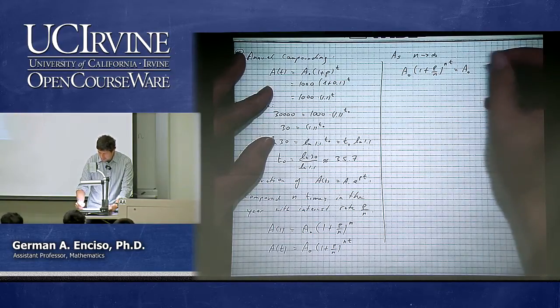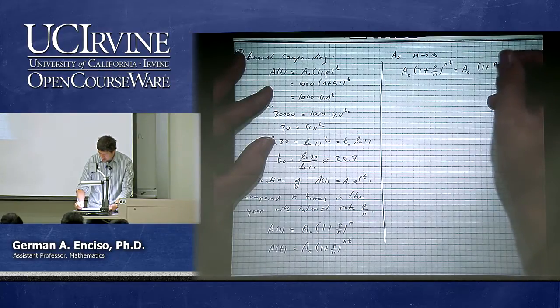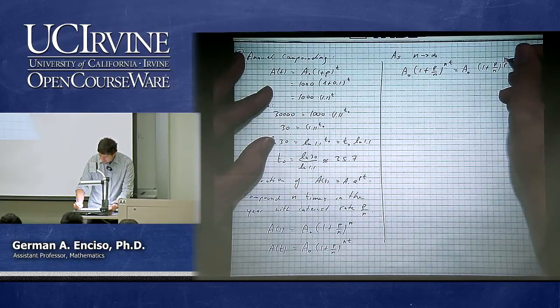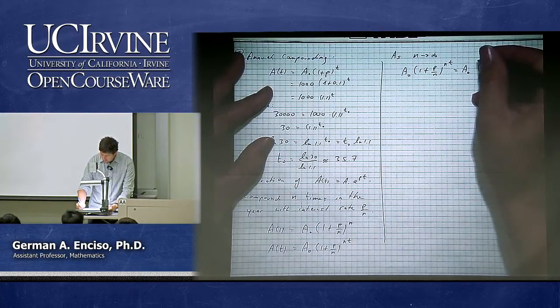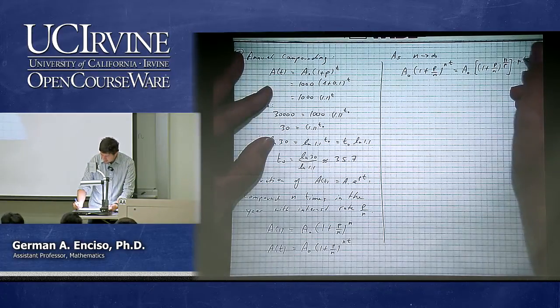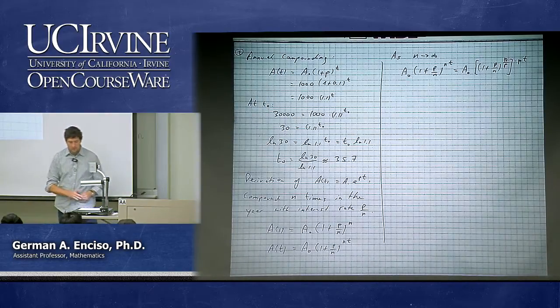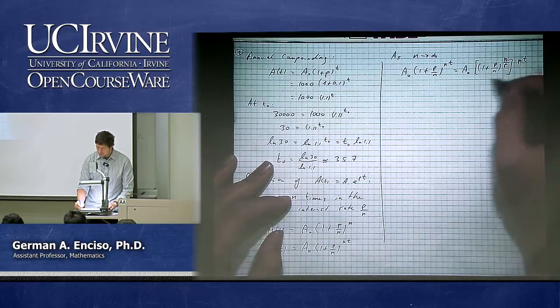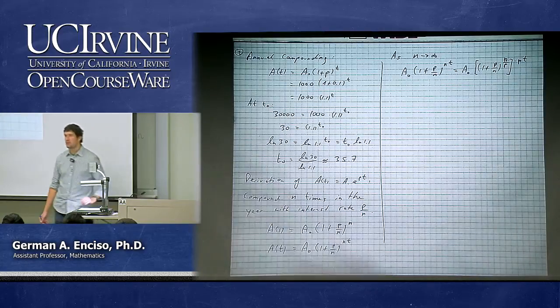This is equal to A0 times (1 plus P over n) to the power n over P, and I'm going to take that whole thing and raise it to the power P times t. So what did I do? I multiplied by P, divided by P, and brought the whole thing down into its own exponent.